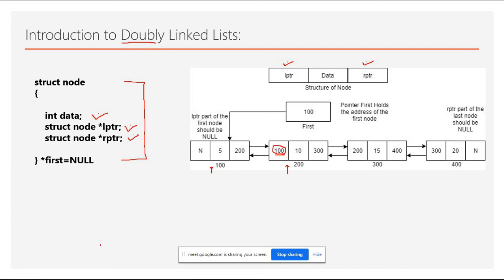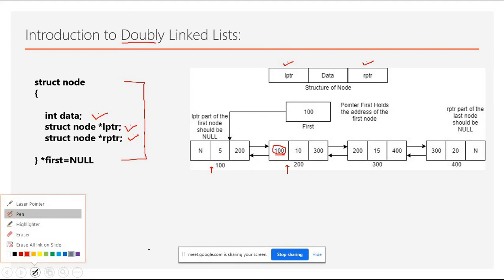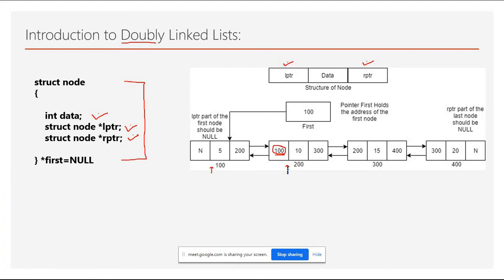And suppose you want to go in the forward direction: you just use the address stored in RPTR. RPTR gives you the address of the next node. So in the doubly linked list every node has two addresses, one to go to the next node and another to come to the previous node.